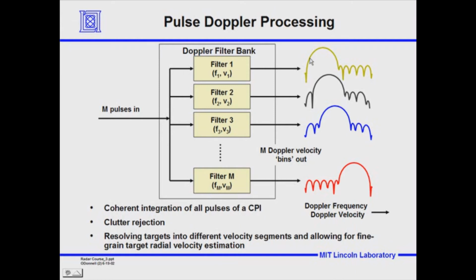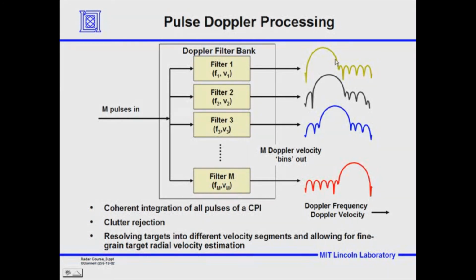This filter will pass this set of Doppler velocities, and the next filter will pass another set moved over, and another set near the center of the Doppler domain, and way down to the bottom, another filter. Of course, there are a bunch of different filters in between that would pass the much higher Doppler frequencies, or Doppler velocities.